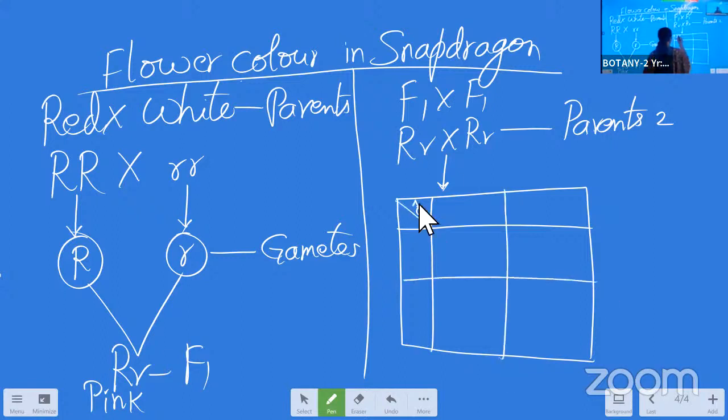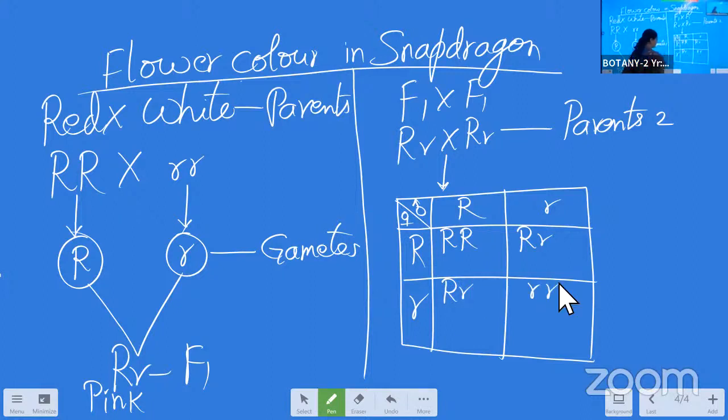This is the male gametes and this is the female gametes. In this, capital R, small r, capital R, small r. This is capital R, capital R. With this we will get capital R, small r. Here also capital R, small r. Here small r, small r we will get.